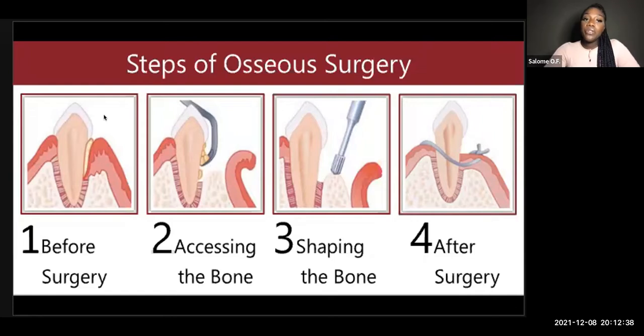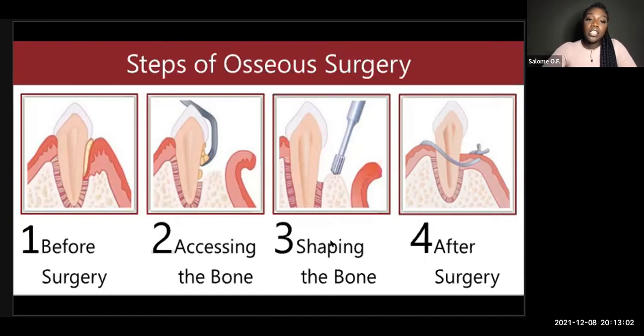So when we go in for osseous surgery, we open the gum tissue so we can see everything clearly. Then we remove all the bacteria and the calculus that's built up there. We remove the gum tissue that's inflamed and red and is no longer healthy for you. And then we also reshape the bone.